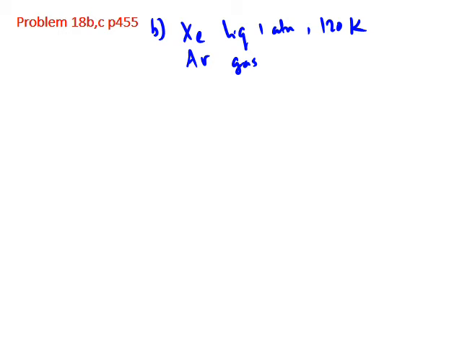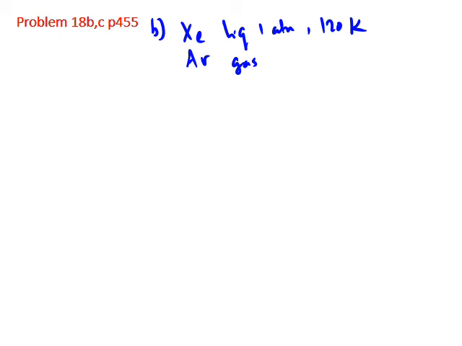Now, if you look at the location of argon and xenon in the periodic table, you'd find that they are within the same group, which is 8A. As you go from argon downward, you get krypton, and xenon is next to it. As you're going downward, size is getting bigger and bigger. So if you remember, this is how it goes on.